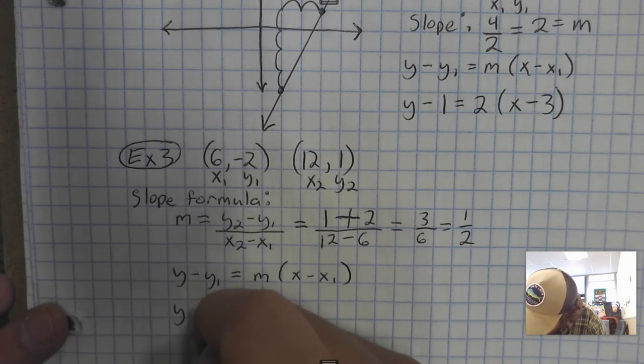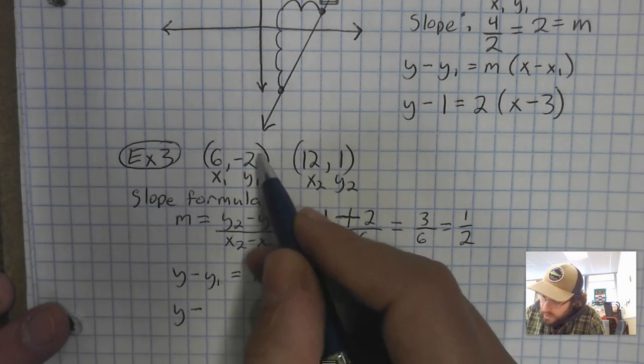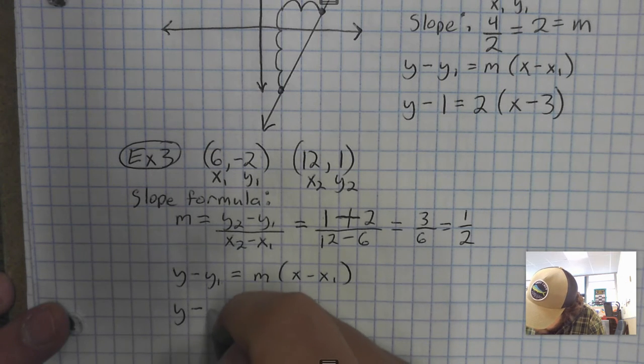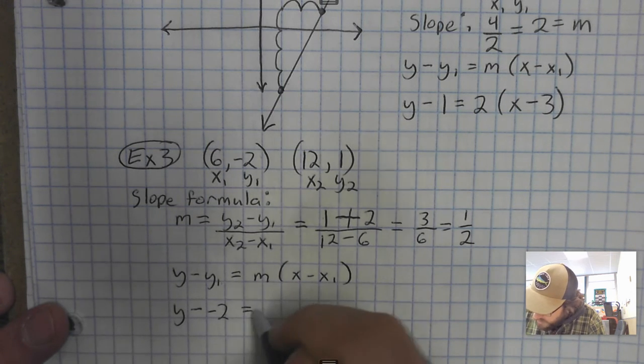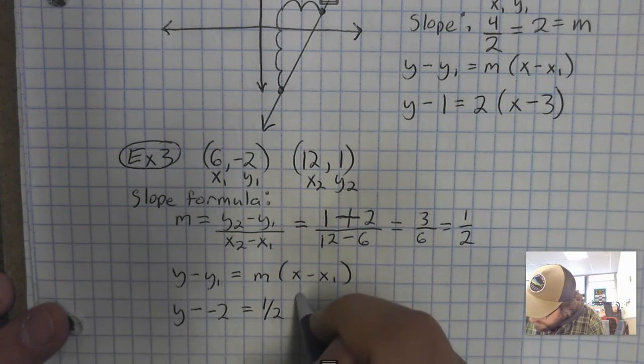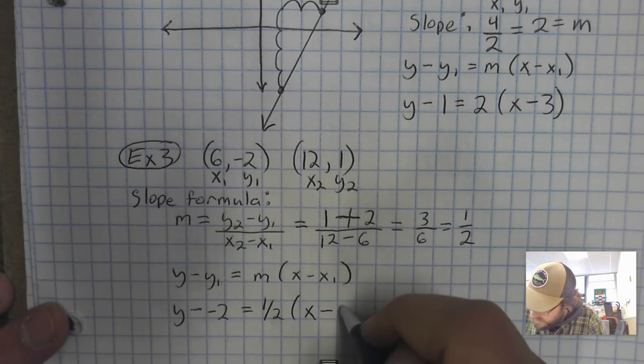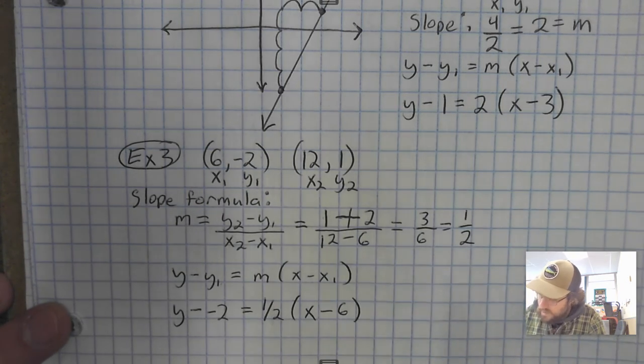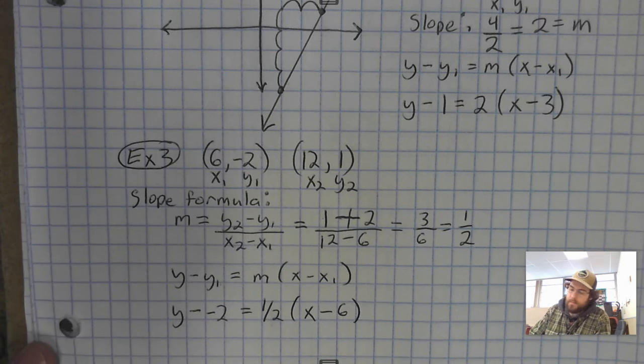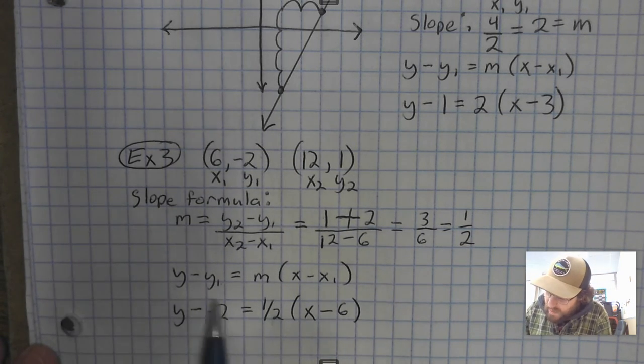So let's put these things in. Y minus y1, I look up here, -2. Equals m. I found m, it's a 1/2. X minus x1 is a 6. I don't like it to end with a minus minus in there.